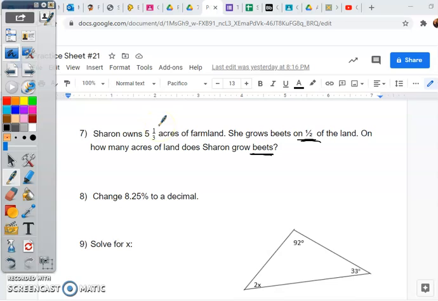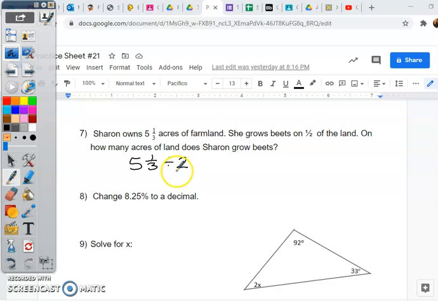So what you can do is half, we know we divide by 2. Or you can say half of, which is multiply, 5 1/3. Or if you don't want to do that, you can say 5 1/3 divided by 2. That's the same thing, okay?